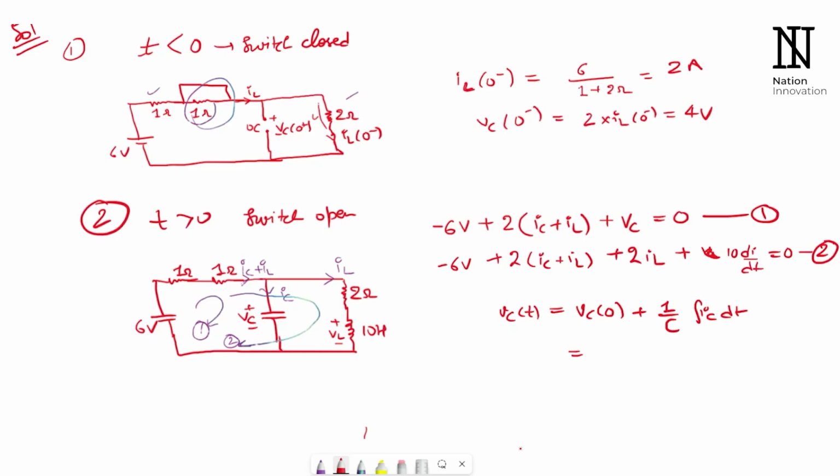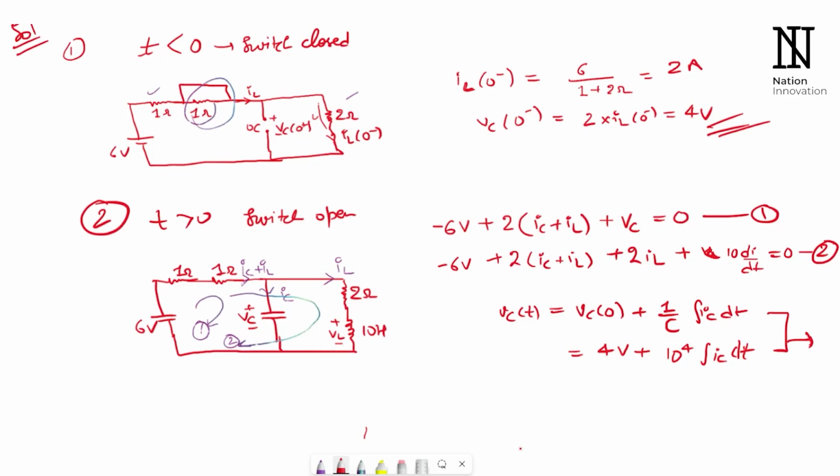VC(0) that we calculated in the t less than 0 part is 4 volt, plus 1 upon C; since C is 10 to the power minus 4, 1 upon C will be 10 to the power 4, integration of IC dt.